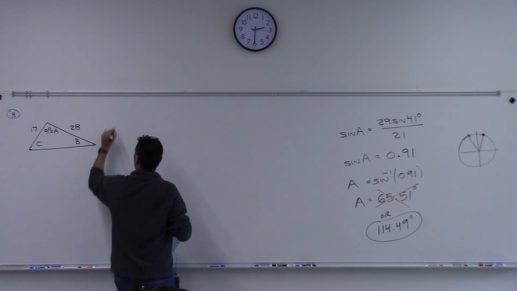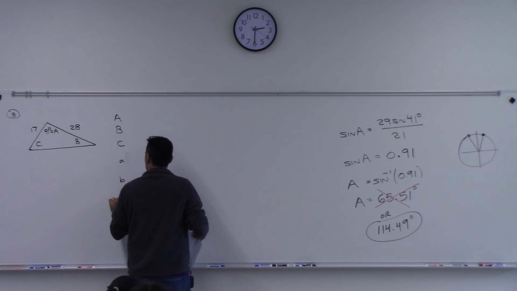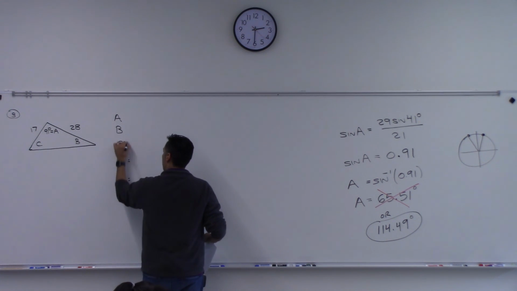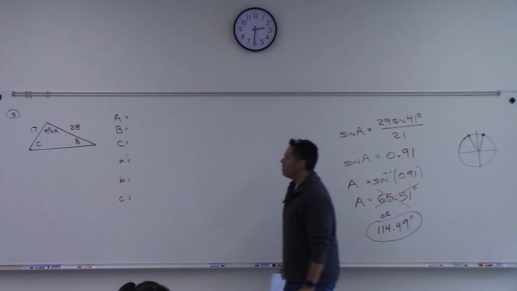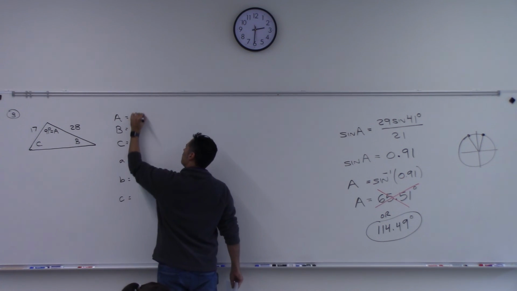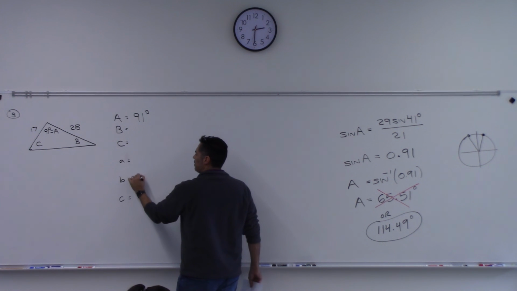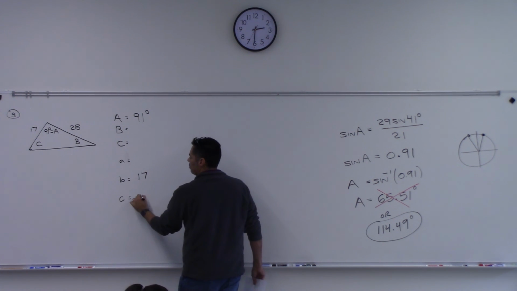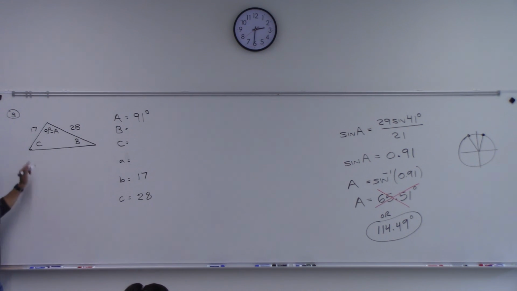So I'm going to write things down: A, B, C, little a, little b, little c. I'm given capital A, right, 91 degrees. I have little b is 17 and little c is 28. Do y'all agree with that, the way I have this drawn?